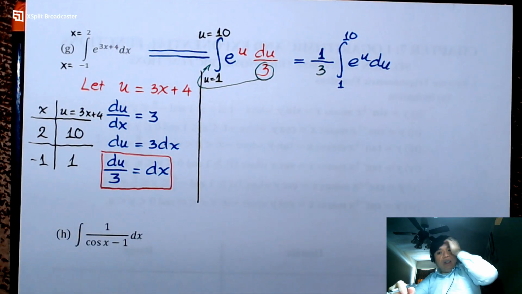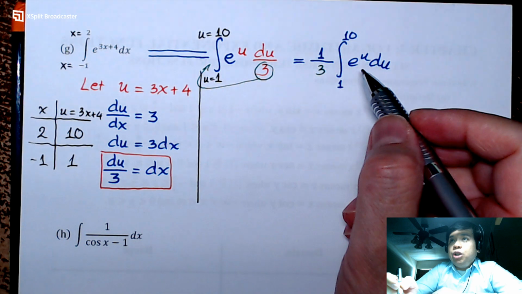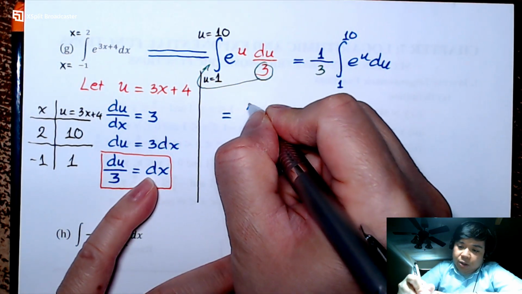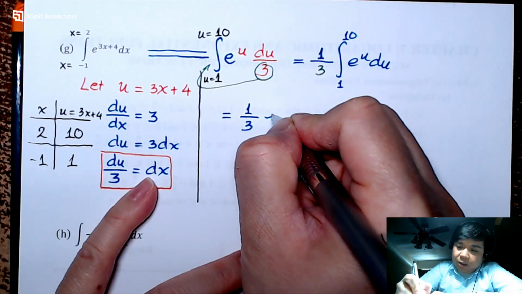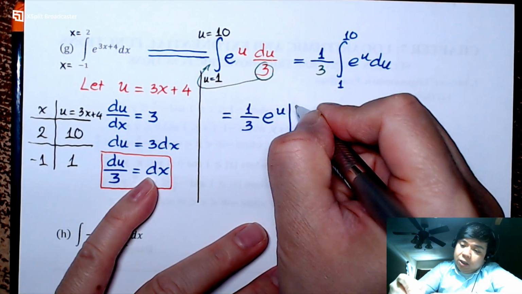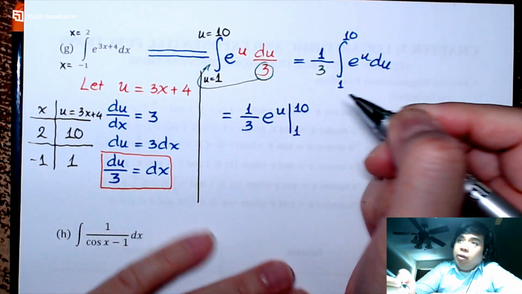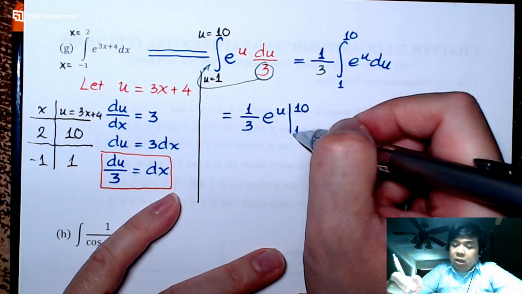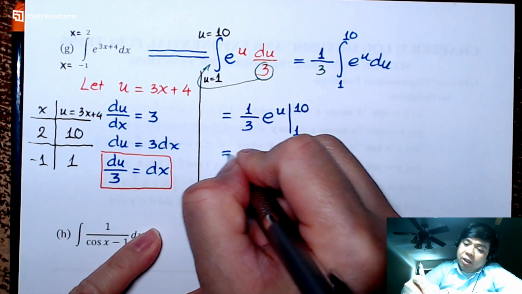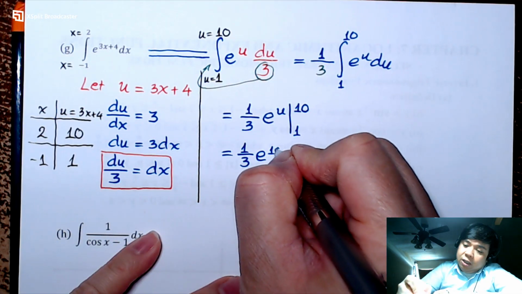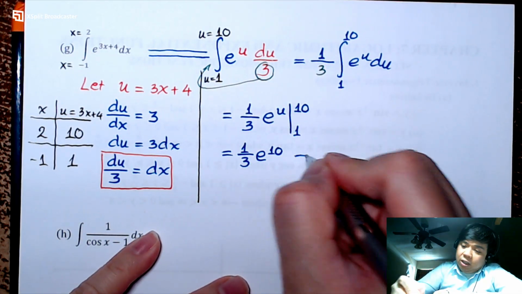And now just integrate e to the u. The integral of e to the u is still e to the u. And then we go from 1 to 10. I'll just substitute the upper limit, lower limit, and subtract them. So we just have 1/3 e to the 10. And now subtract, put in 1.